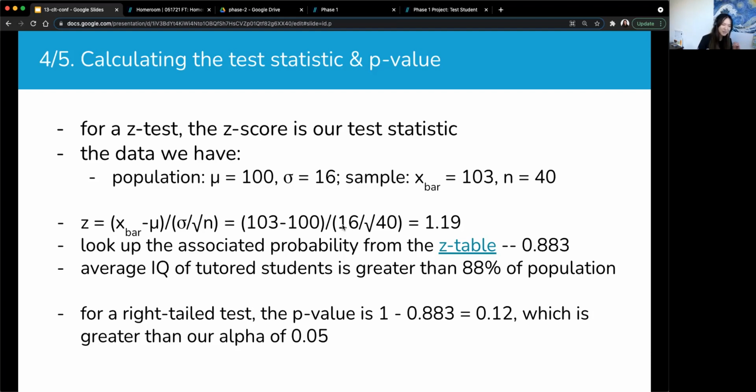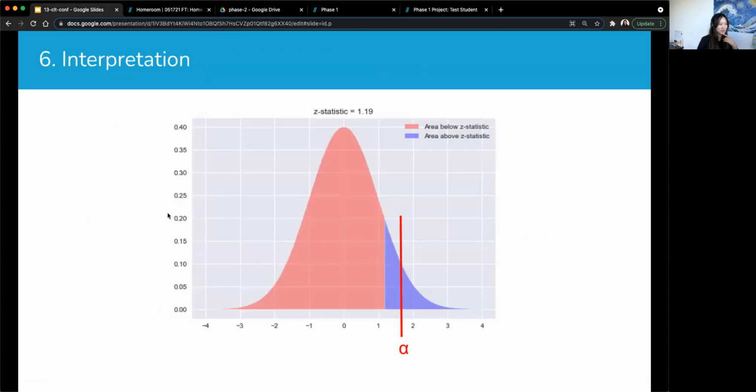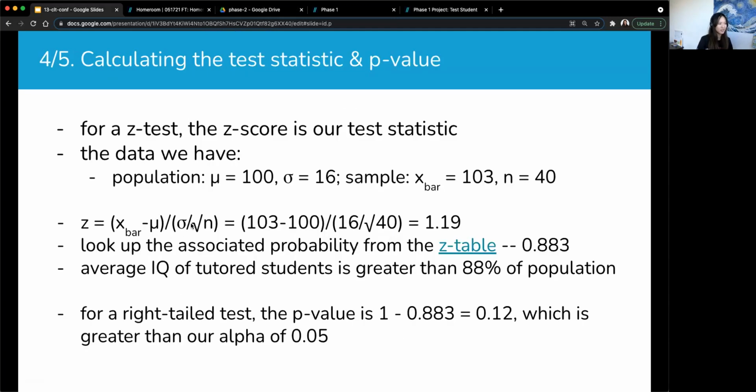As I briefly mentioned yesterday, remember how z-score is x bar minus mu divided by standard deviation? When you are calculating the z-score for a group of observations, you just have to divide the denominator by the square root of the number of observations. So therefore, we plug in all of these numbers. We have 103 minus 100 divided by 16 divided by the square root of 40, which gives us 1.19.